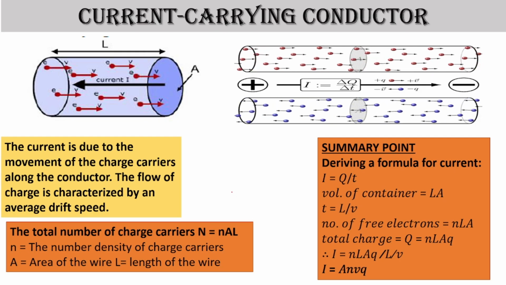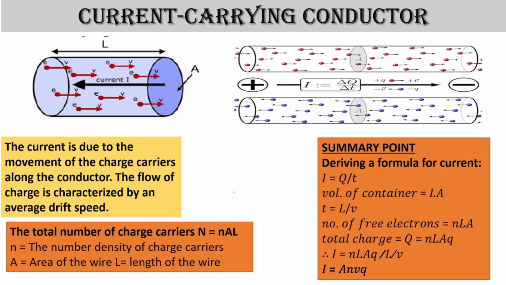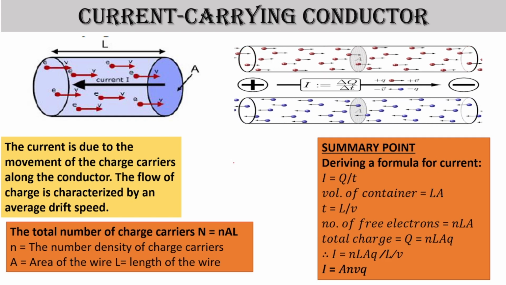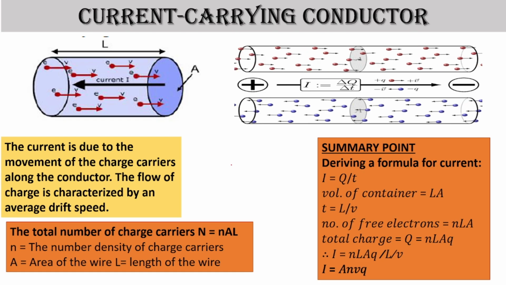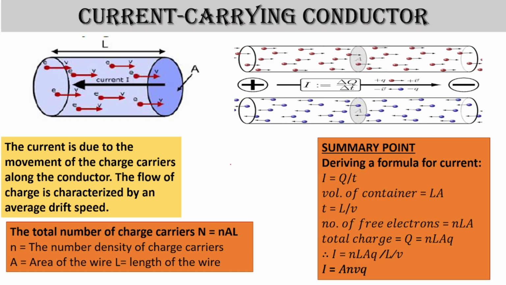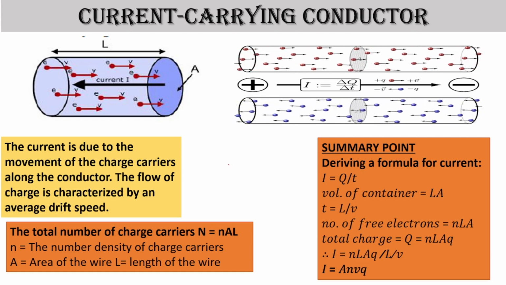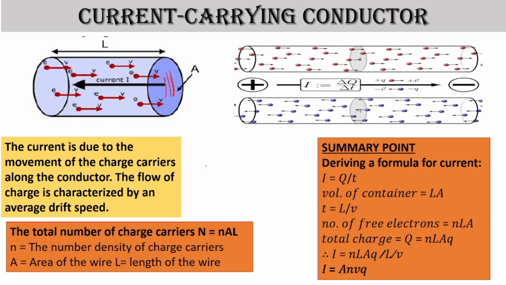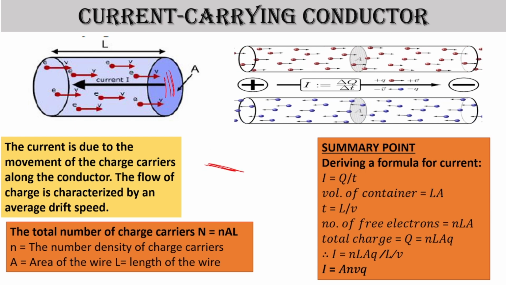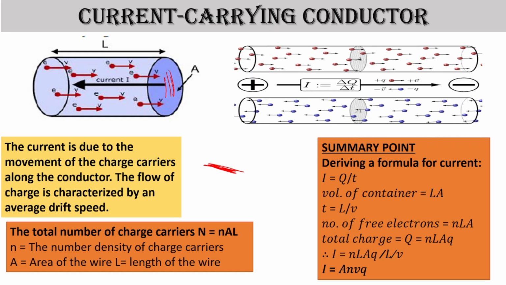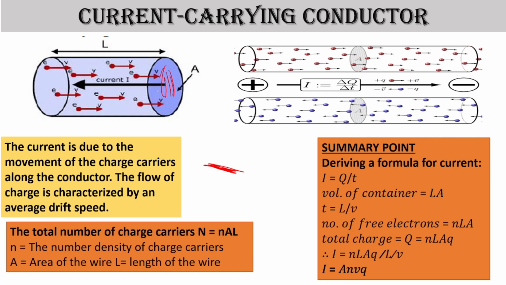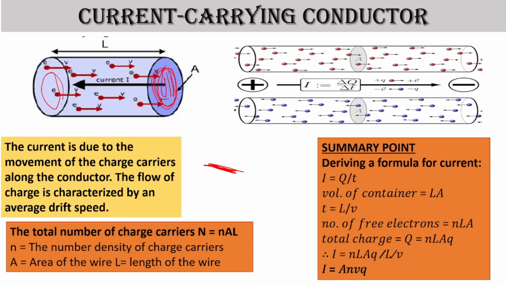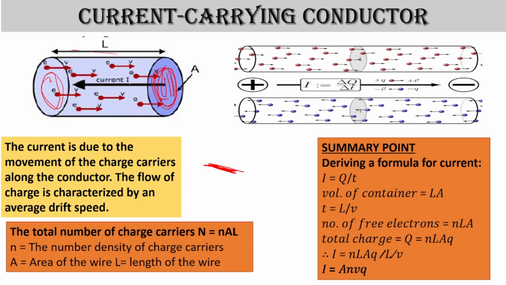Now, this is the aspect, the current carrying conductor, that most students most times have issues with. Why are they having issues? Because of how it is sometimes explained to them. Just have in your mind that this current carrying conductor is like a wire. A conducting wire will have an area and a length.